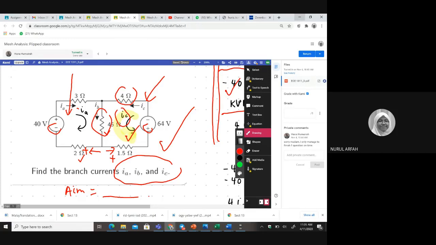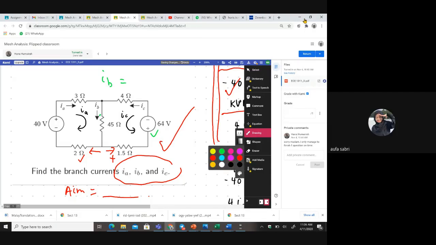Why I said our aim is the imaginary current, because if you want to find the current, let's say, I change the color. Maybe it's flowing this way, and then it's flowing this way, any direction is okay, and sometimes also the current is flowing this way. But how are you going to get this IB when you do not know the current at this side and also this side, right? If let's say what do you think IB is equal to?